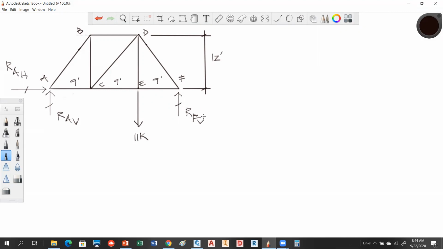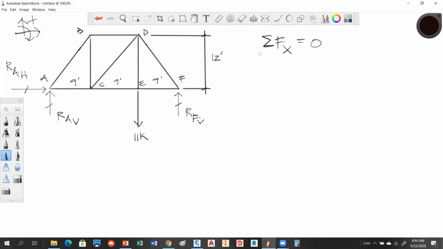So this is a concurrent or non-concurrent. So what we're going to do is solve this utilizing sum of forces in X, sum of forces in Y, sum of moments, right? So I'm going to go ahead, sum of forces in X. And I hope everybody understands that right now I'm saying up to the right and clockwise, that's a positive, right?